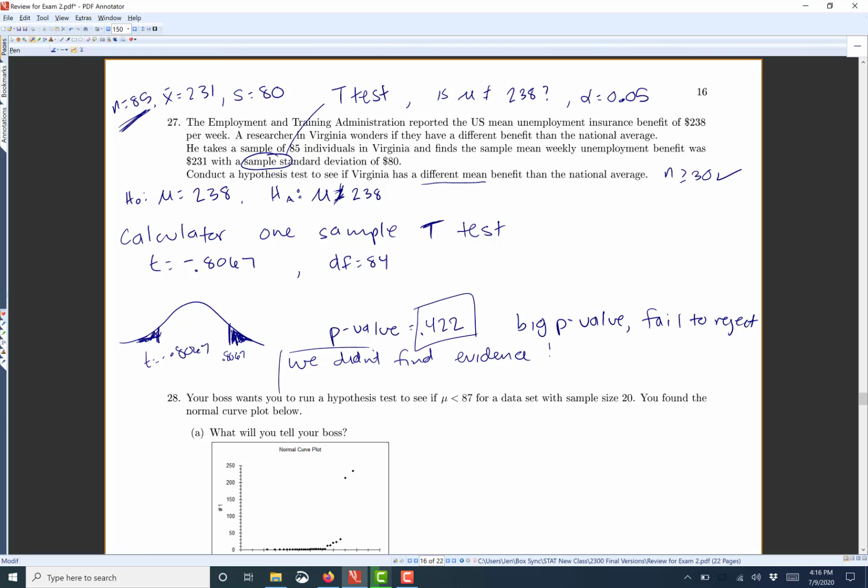We didn't find evidence that the average for everyone in Virginia is not 238. So double negatives here. We didn't find evidence that it is not 238.